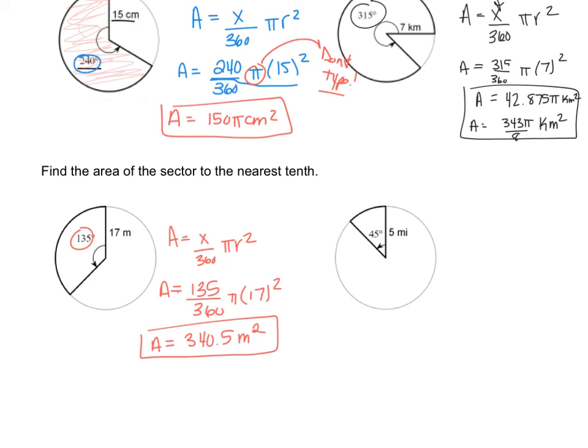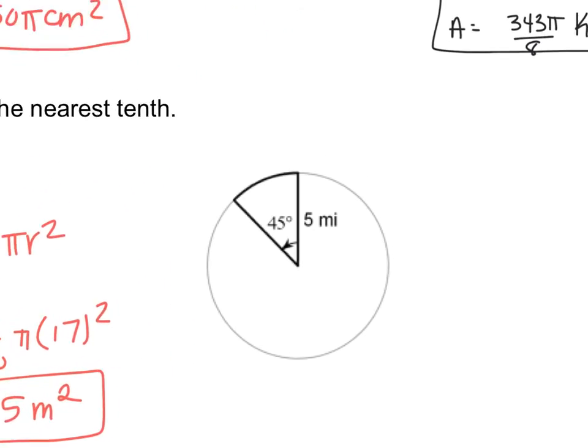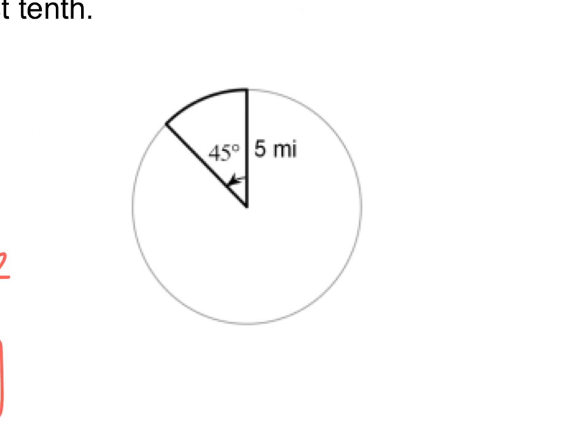If I were you, I would definitely try to do the next example by yourself because it is exactly like the one we just did. I'm zooming in, do it by yourself, hit pause, whatever, or you can follow along. Our formula is again area equals x over 360 pi r squared.